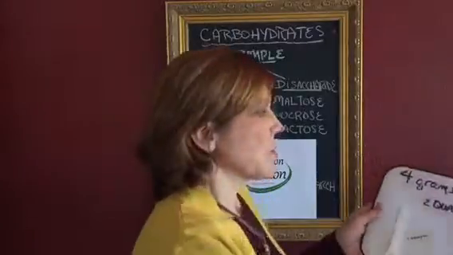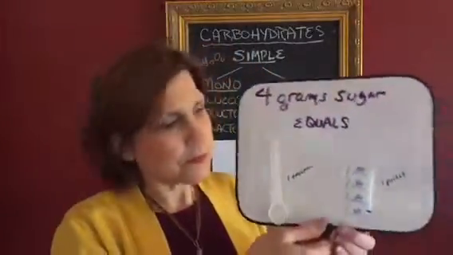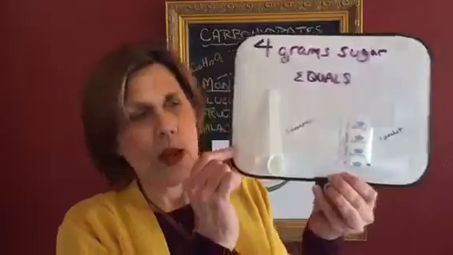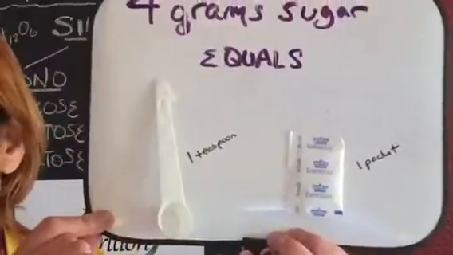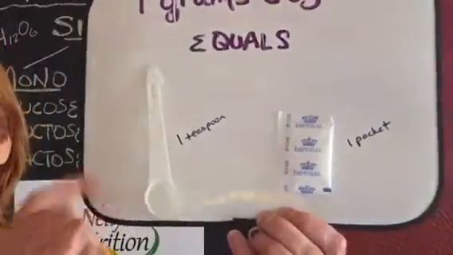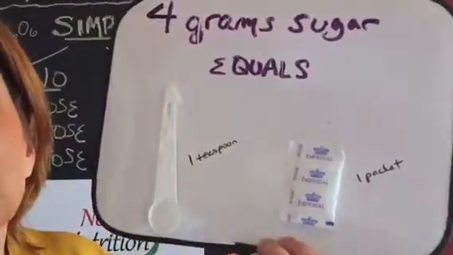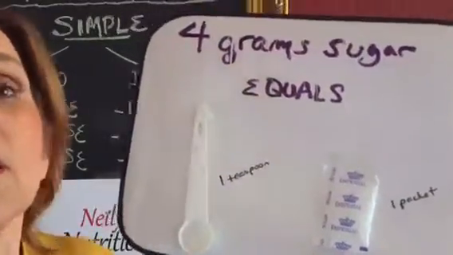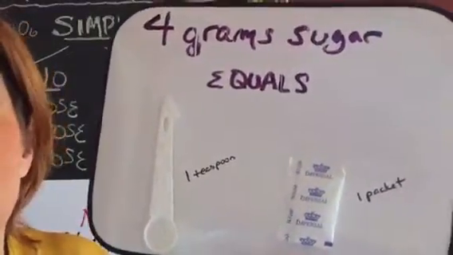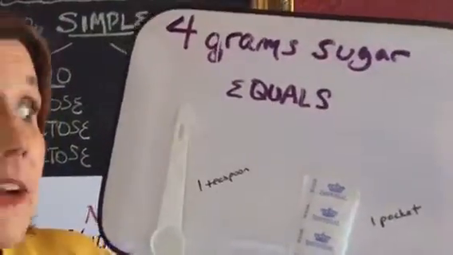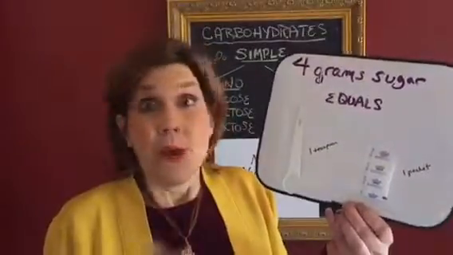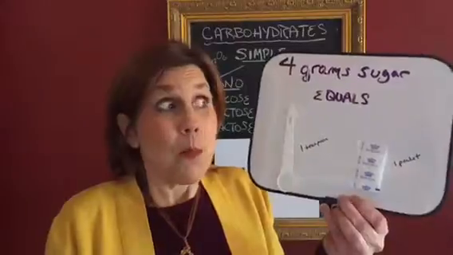There were 16 grams. So 4 grams of sugar equals 1 teaspoon, or roughly about a packet of sugar. So in that half of a cup serving, there were about 4 teaspoons of added sugar, or mostly added sugar. And if you're having more than that, obviously it's going to be a lot more.